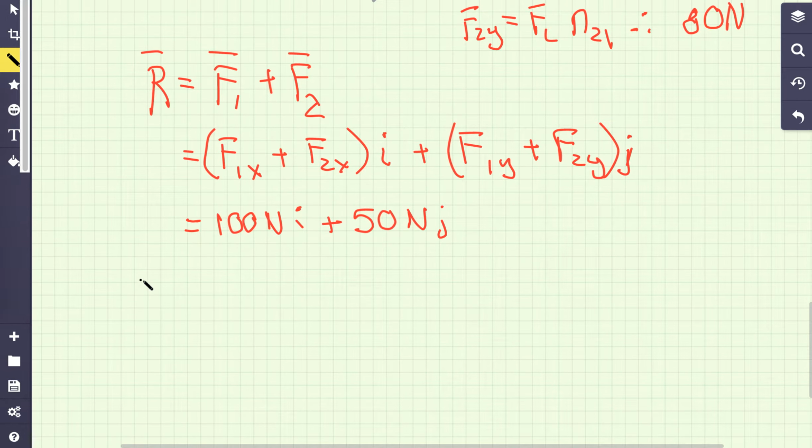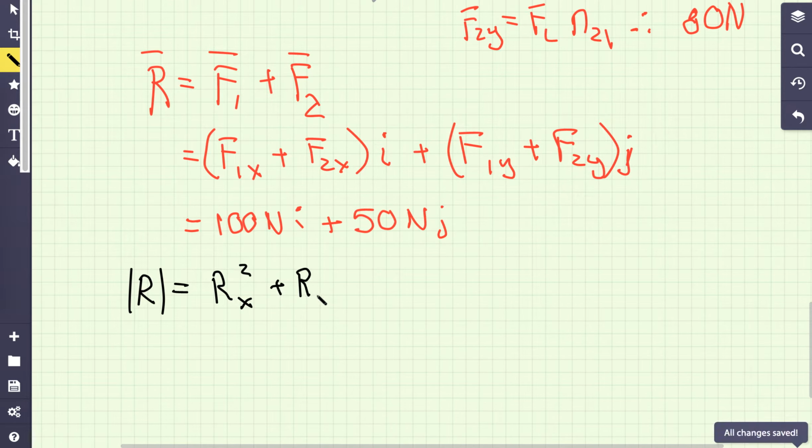How you do that is the magnitude of the R vector is equal to the square root of Rx squared plus Ry squared.